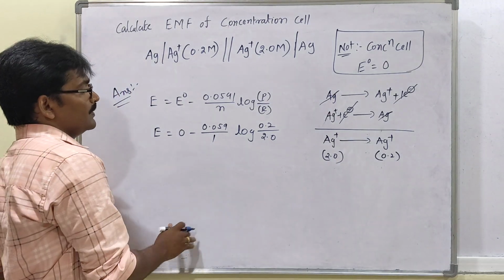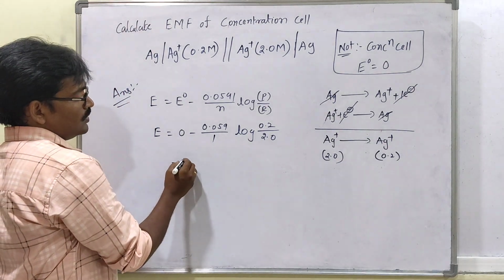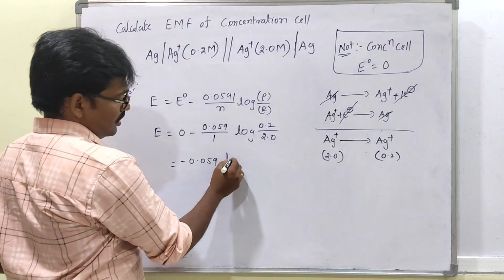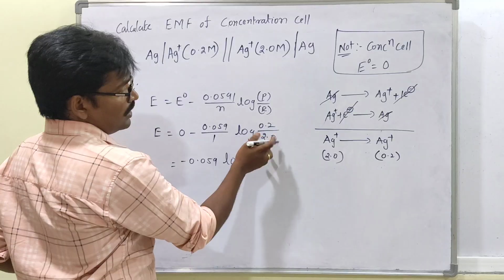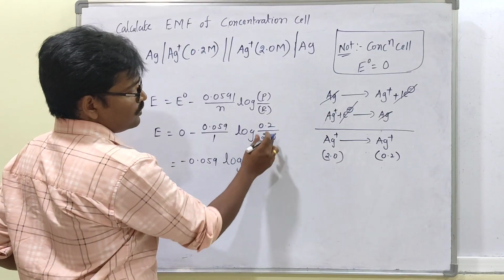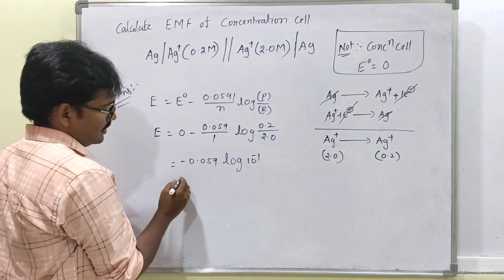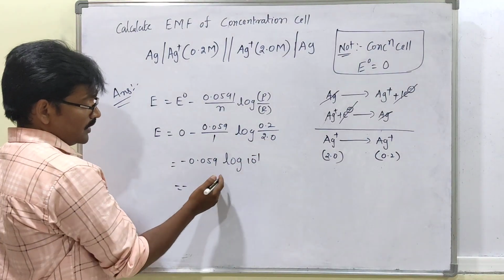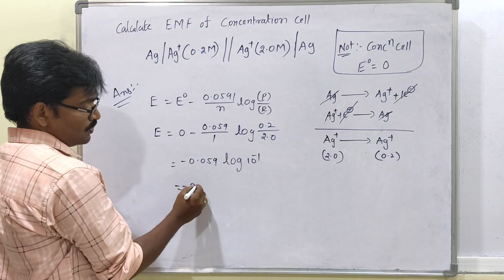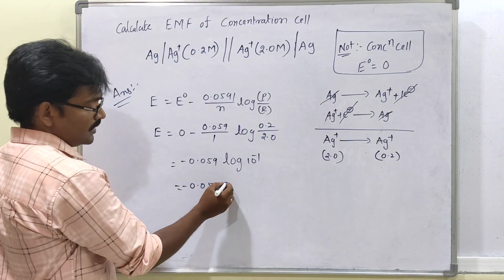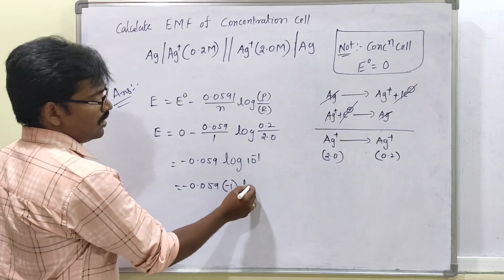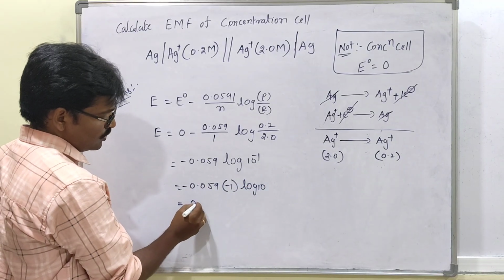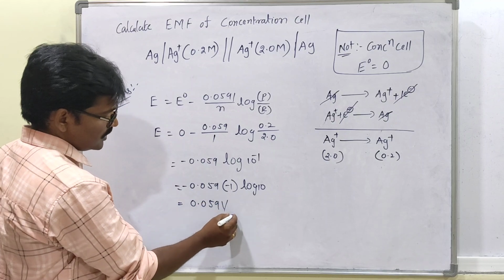So minus 0.059 log of 10 to the power of minus 1. Taking the exponent to the front, minus 0.059 into minus 1 times log 10, and log 10 is 1. Minus into minus is plus, so 0.059 volts.